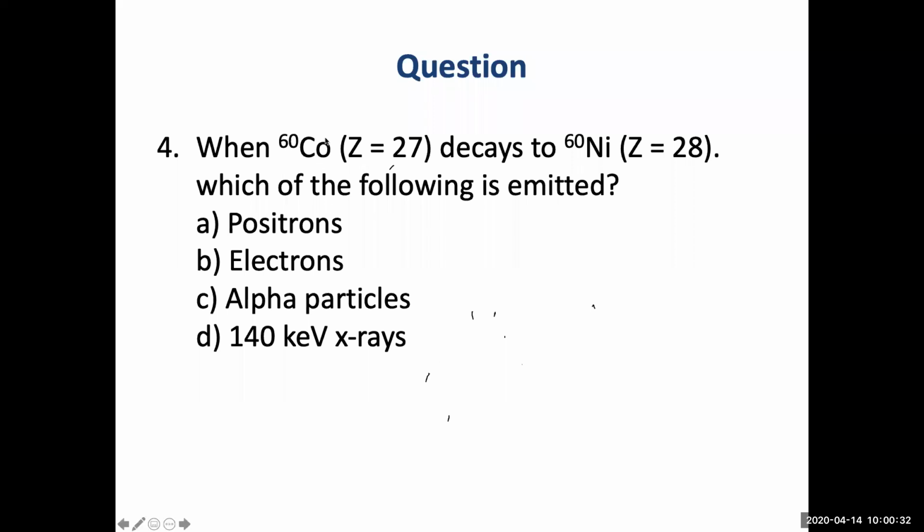When cobalt 60 decays to nickel 60, which of the following is emitted? We have Z 27, here Z 28. So the number of protons increased by 1. So what we have here: positron, electrons, alpha particle, or X-ray? C. We talk about alpha particle is 2 protons, 2 neutrons, so you would see minus 2 protons.